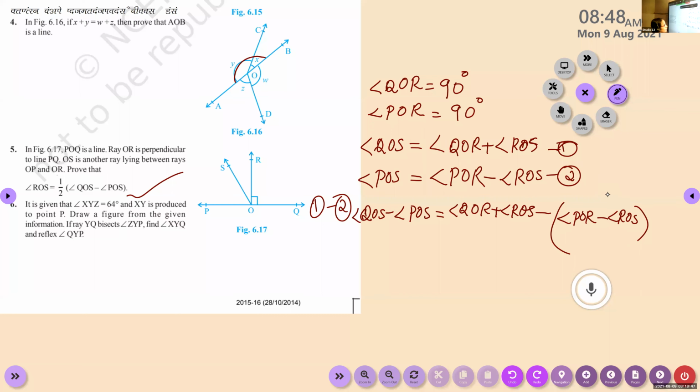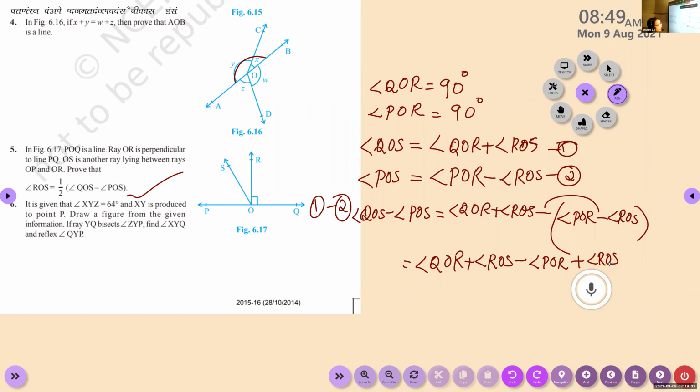Which can be cut? This minus becomes plus ROS.